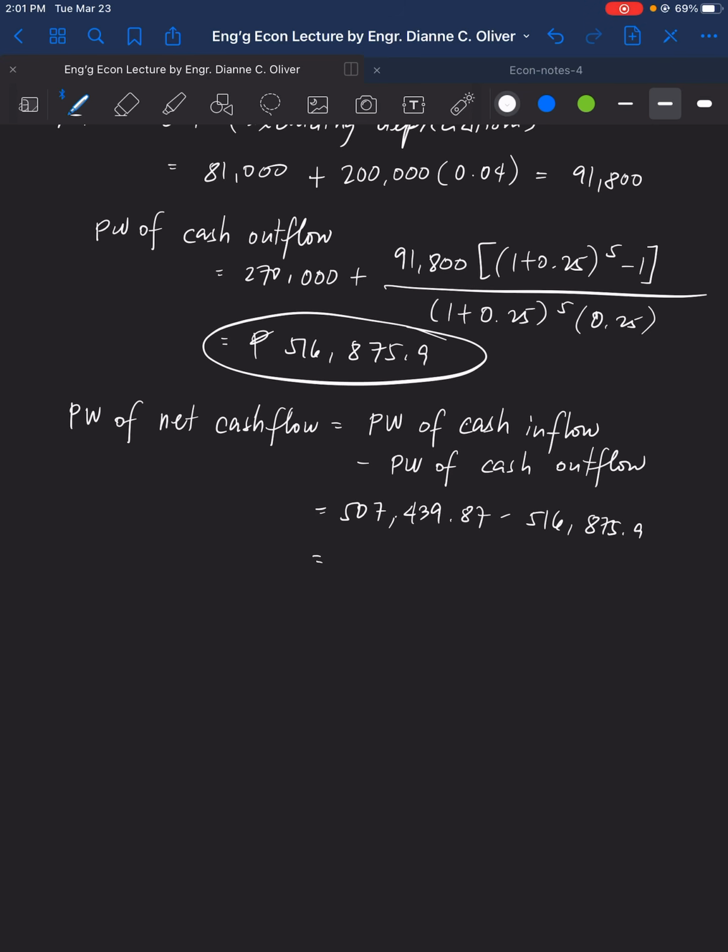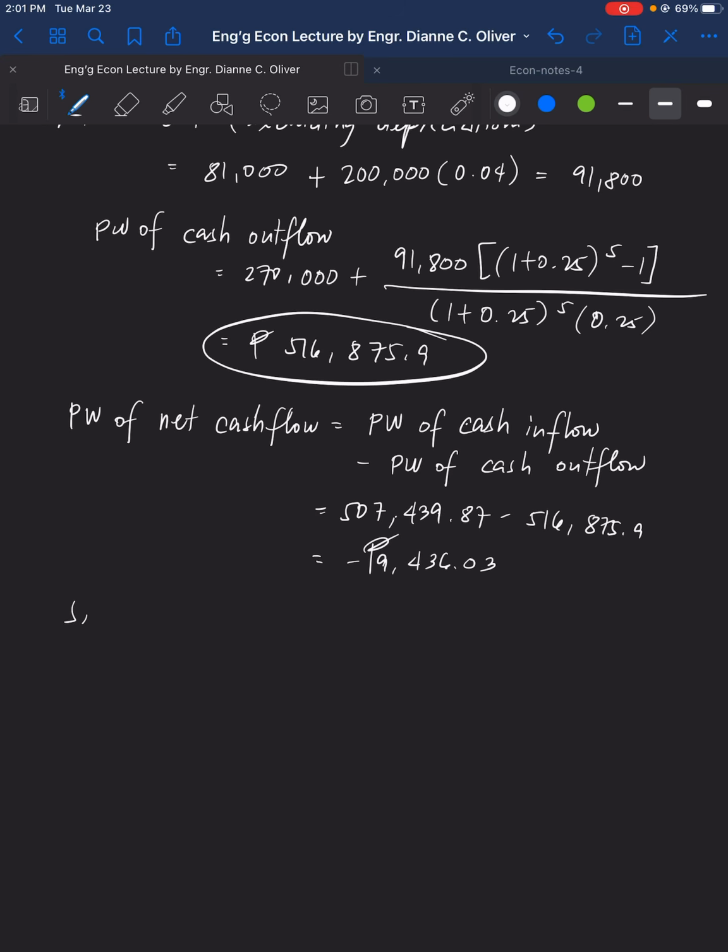So the answer here is negative 9,436.3. So, since cash flow is less than 0, the investment is not justified.